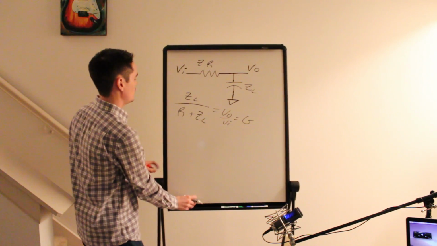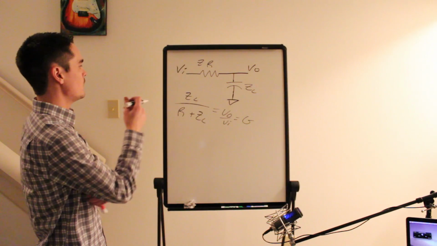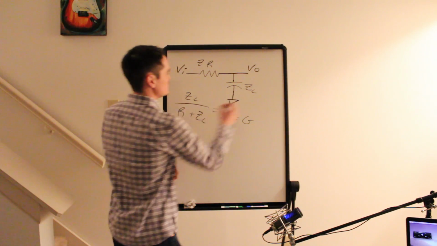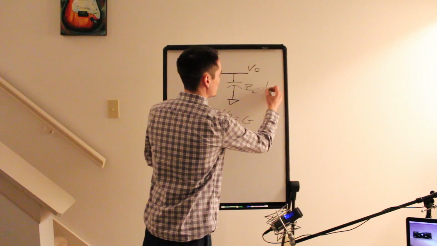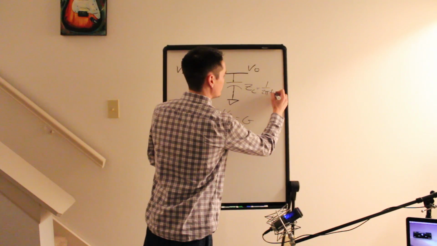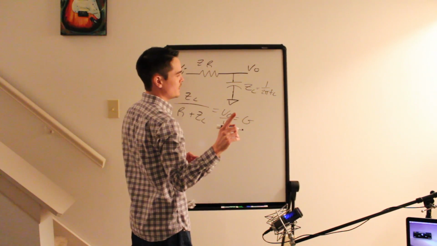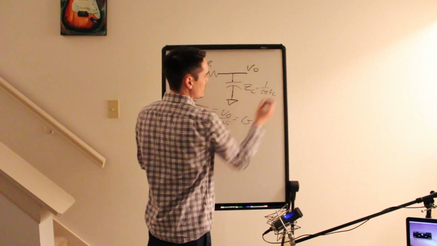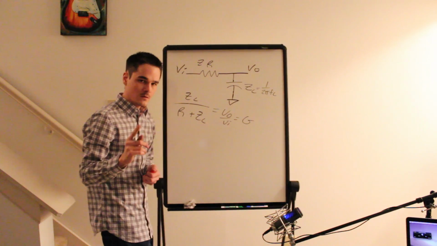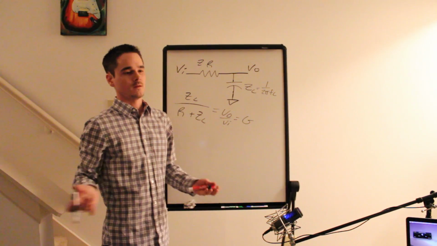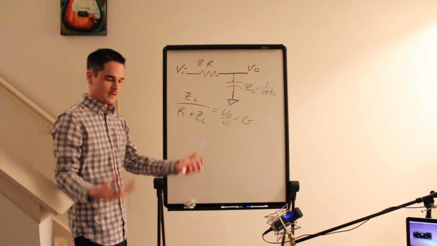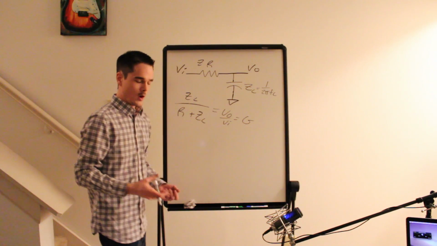So what does that mean now? That means that this is equal to 1 over 2 pi fc with a j. In fact, I'm going to talk about this. This is something that always confused me about j, and here's an example of where I go off on a tangent.